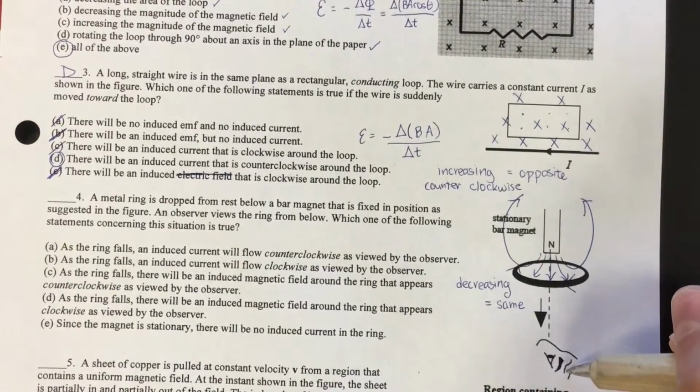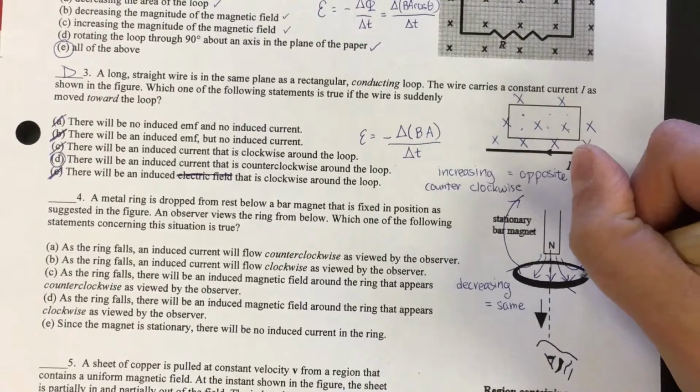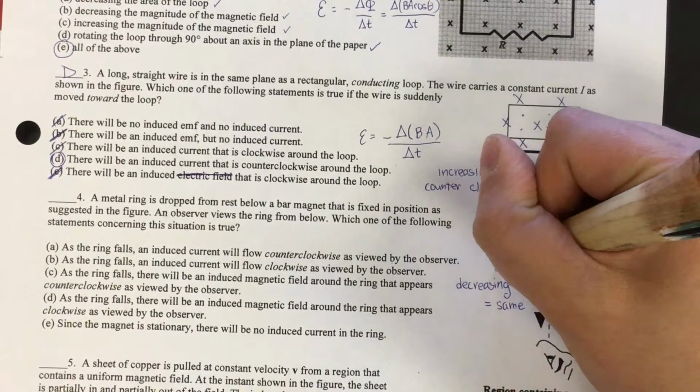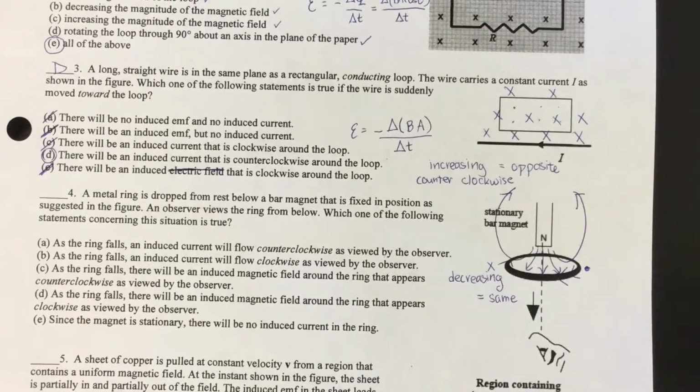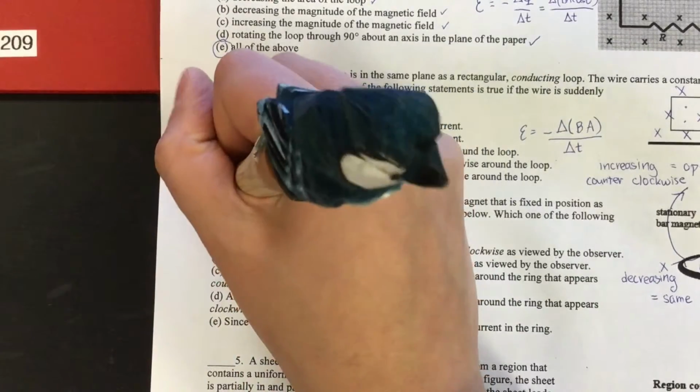So imagine now the person is staring at this loop. They'd be seeing current going out of the page over here, into the page over here. So if I imagine rotating it, this person would be seeing an induced current going counterclockwise. That's A.